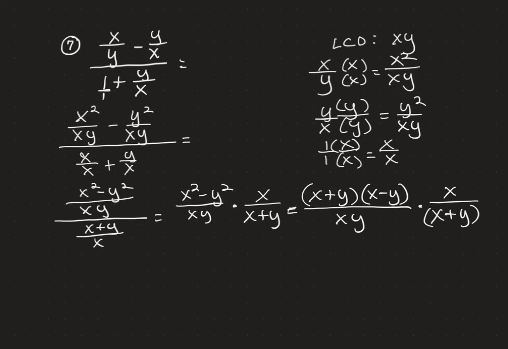Because it's one term, now I can cancel. I can also cancel these x's. So what am I left with as my answer? I'm left with x minus y over y.